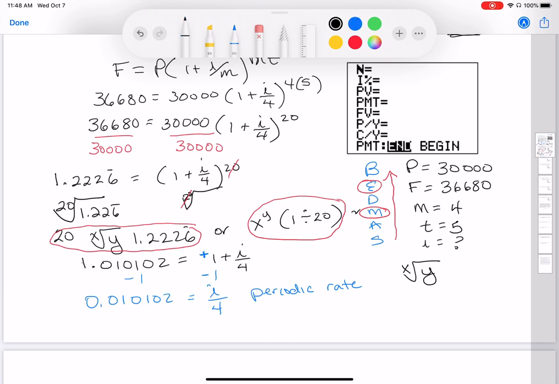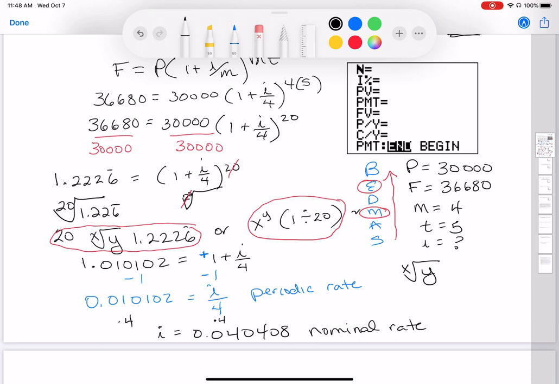To do that, I see that this says divided by 4, so I'm going to multiply both sides of the equation by 4, leaving me with i equal to 0.040408. This is our nominal rate because I have solved for i.